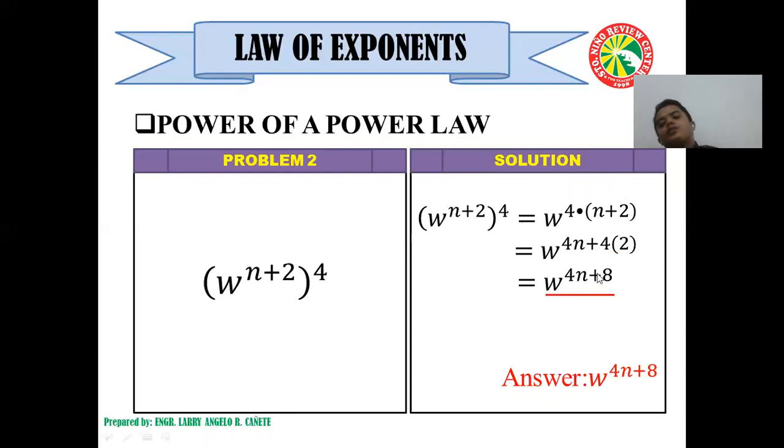And that is now your final answer, which is w raised to 4n plus 8. Although my first example involves only pure numbers, this time the exponent is n plus 2. So you multiply exponent to exponent. That is 4n plus 8.